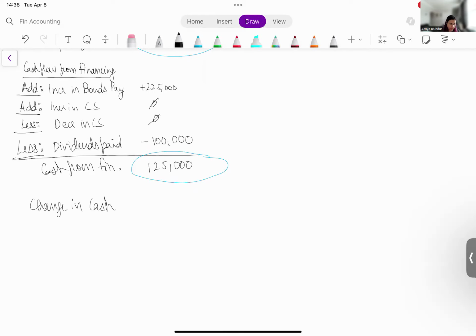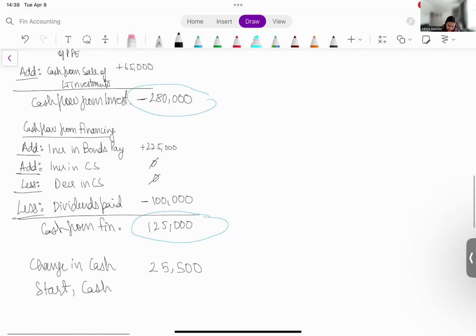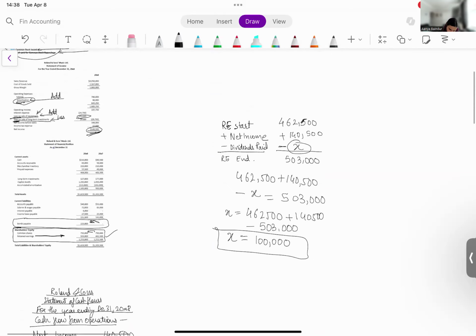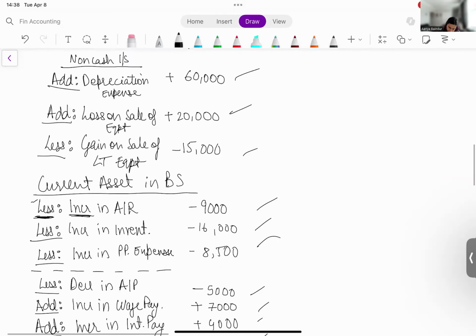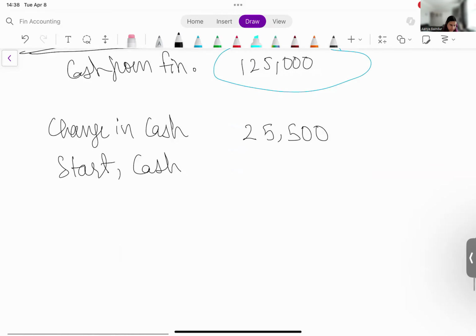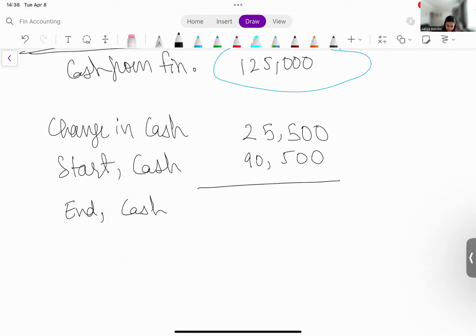Adding up those numbers, we get 25,500. Now let's write the starting cash balance. Starting cash balance was 90,500. Add these up, it should give you your ending cash, which if you do the math comes to 116,123.